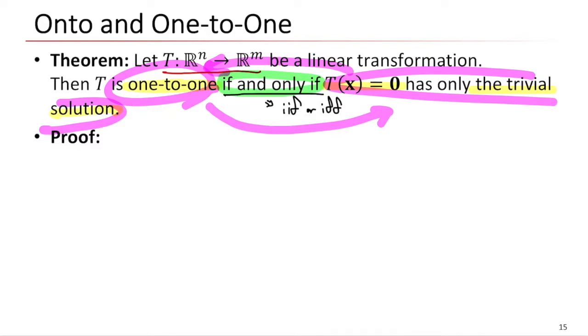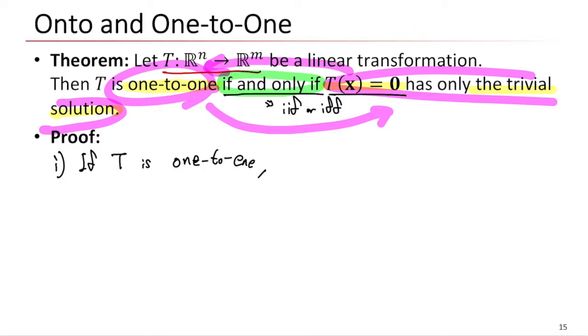Okay, let's prove this one. There are two possible cases. If T is one-to-one, the equation T(x) = 0 has at most one solution, right?